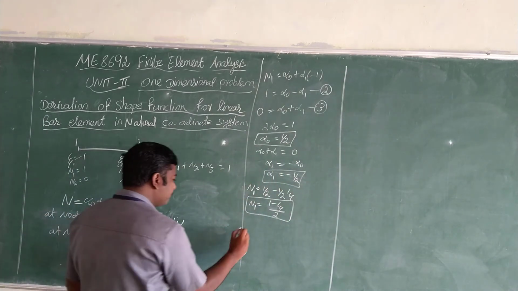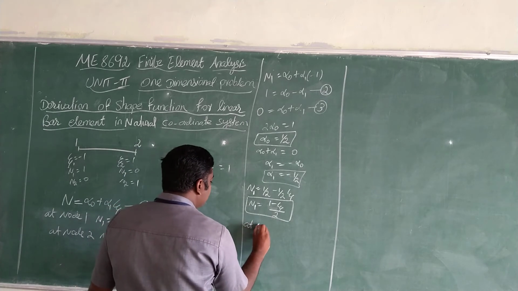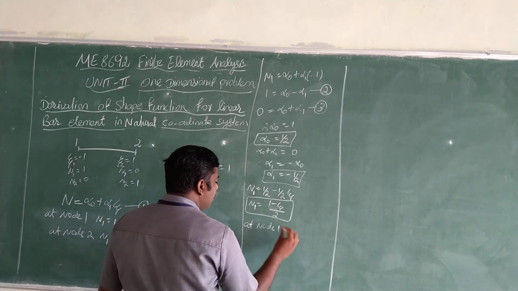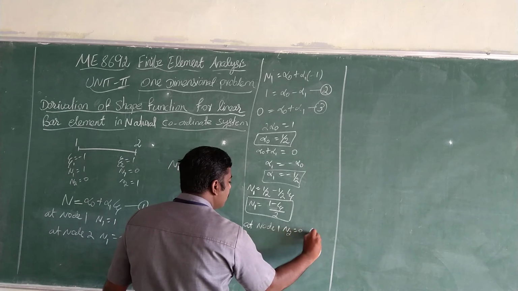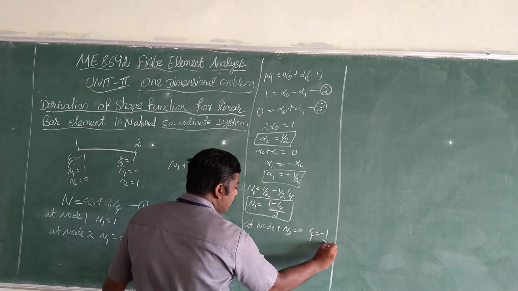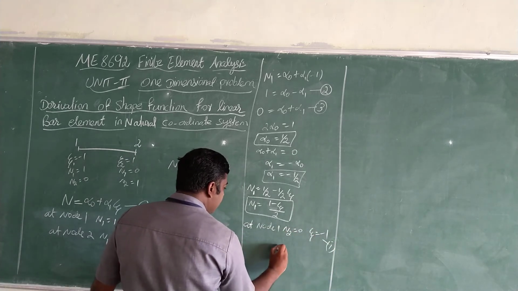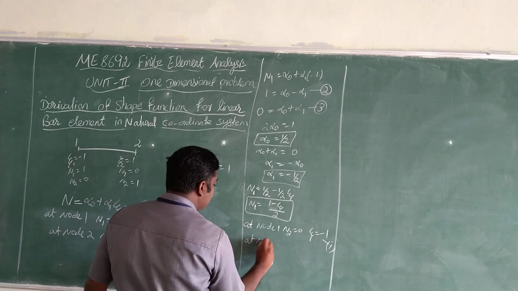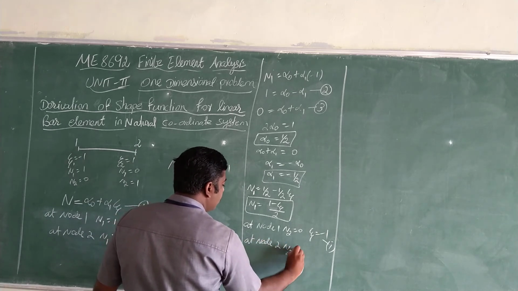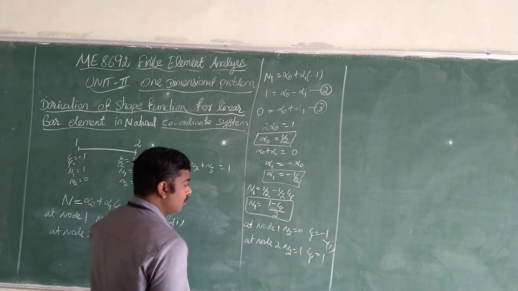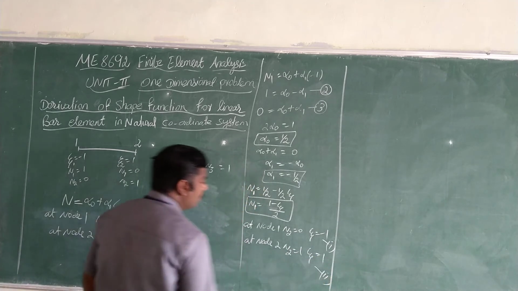At node 1, n2 equal to 0, psi equal to minus 1. This is boundary condition 1. And at node 2, n2 equal to 1, psi equal to 1. This is boundary condition 2.